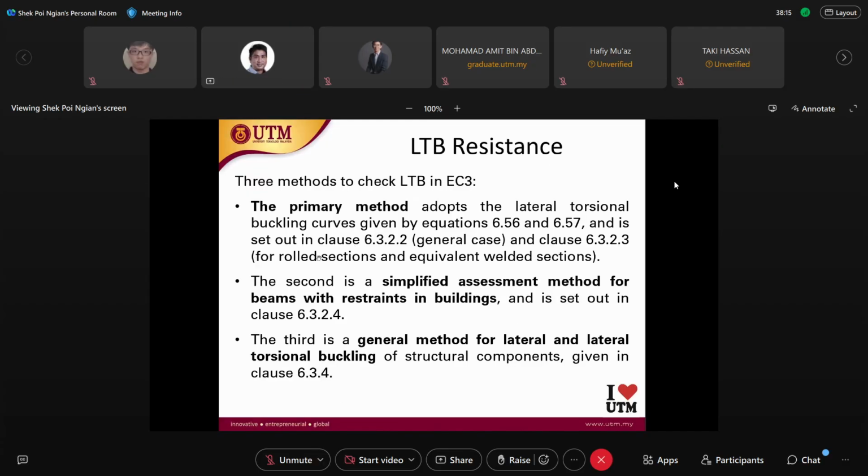And then the second method is called the simplified assessment method, set out in clause 6.3.2.4.